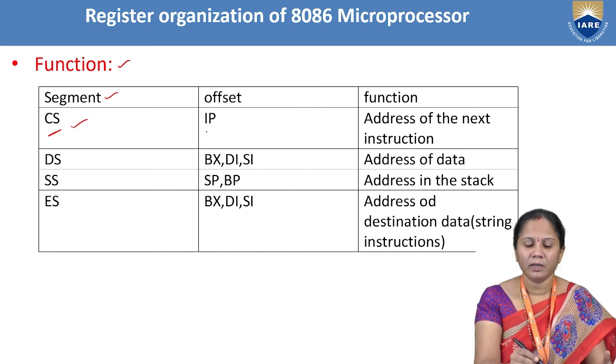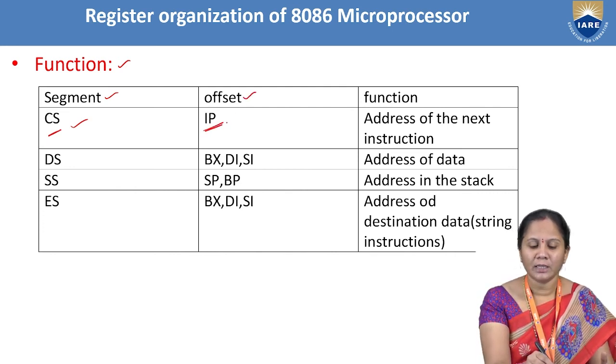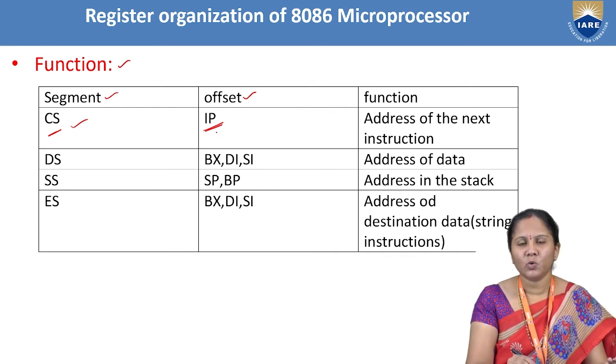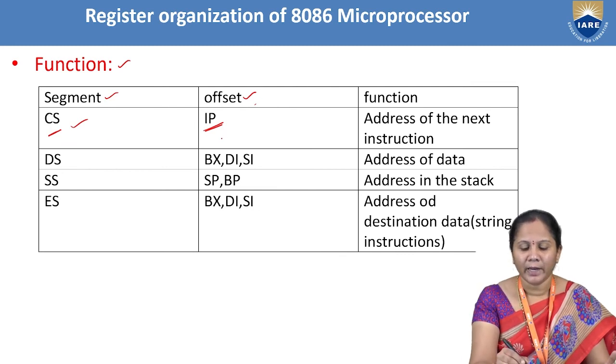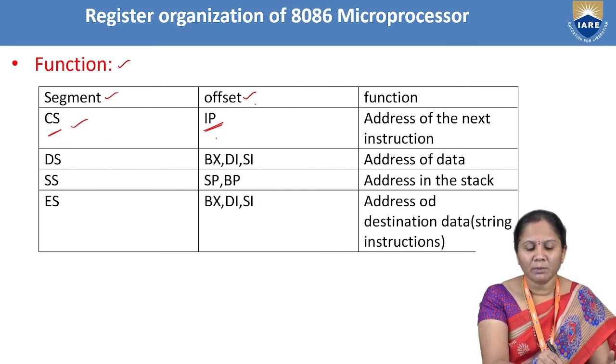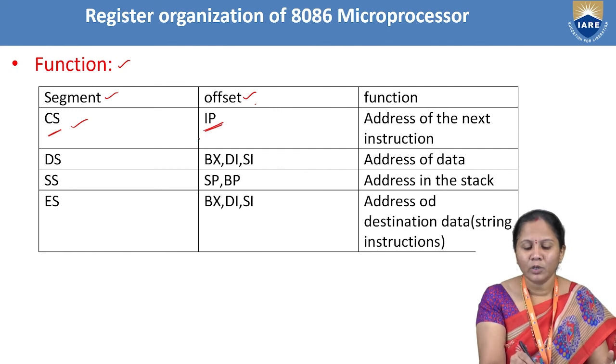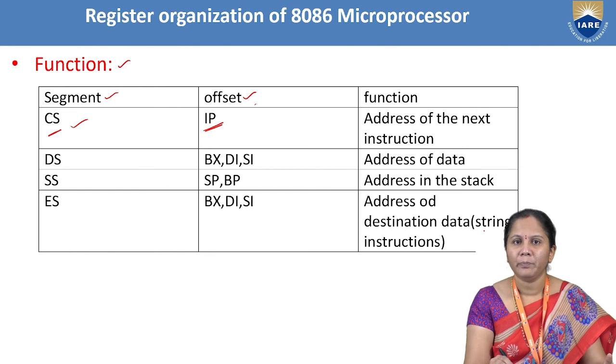So here are the functions given. If you are considering the segment as the code segment, from this code segment we will get the segment address. And if the code segment is used, compulsorily you have to take the offset address from IP only. IP represents the instruction pointer.